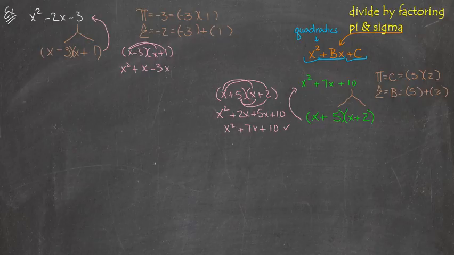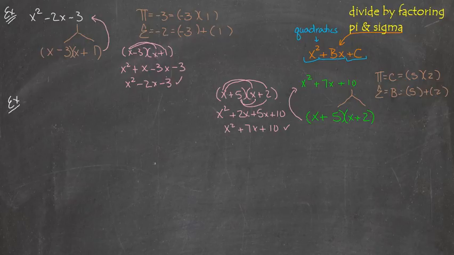And -3 times 1 is -3. X squared, 1x, take away 3x's is -2x minus 3. And that's exactly where I started, so I know that this is how I factor, or this is the prime factorization of this number. Let's do another one.